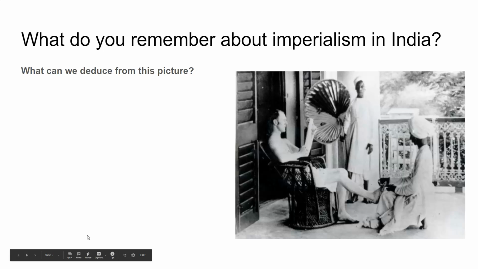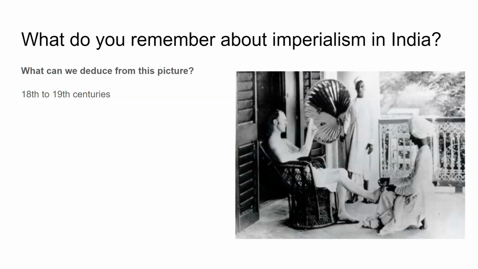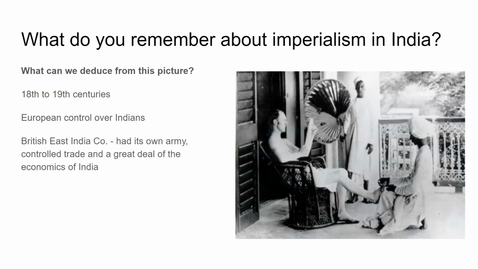But what can we deduce from this picture? In other words, what conclusion can we draw based on what we see in this picture? Well, first of all, 18th and 19th century is when imperialism took place in India. What European country imperialized India? Do you guys remember? It was Great Britain.